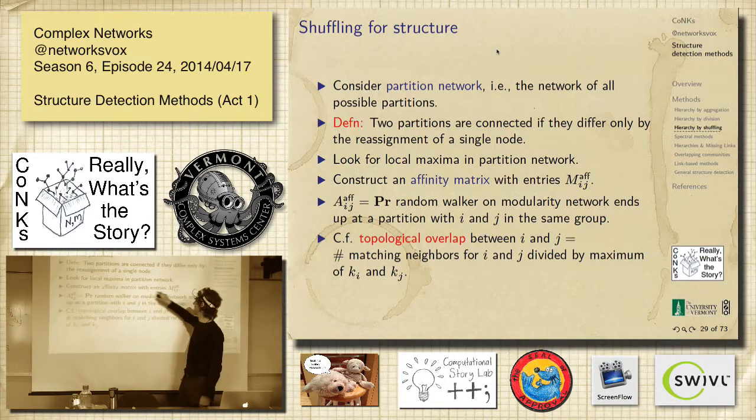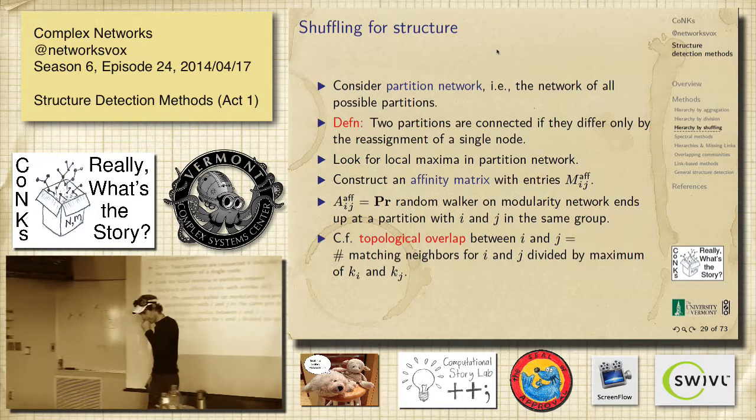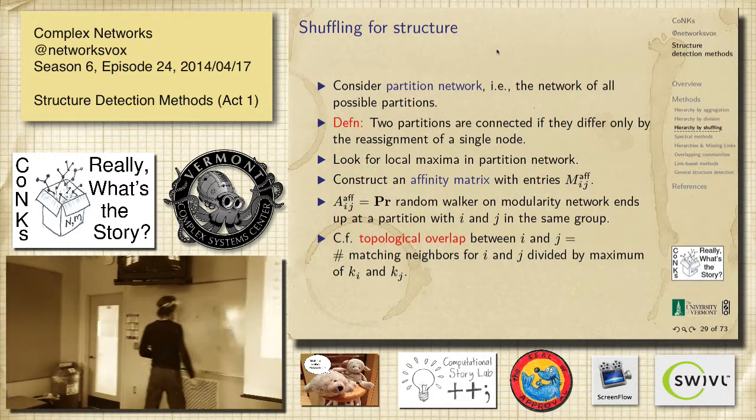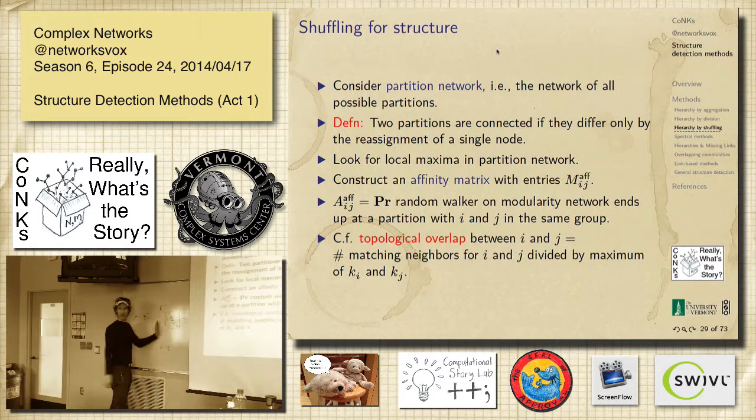So this matrix is going to be a measure of how often I and J are in the same group given some partition. Right. So the Zachary one. There are a couple of borderline characters, but there are some that should always be basically in the same group, right? So they'll have high affinity.